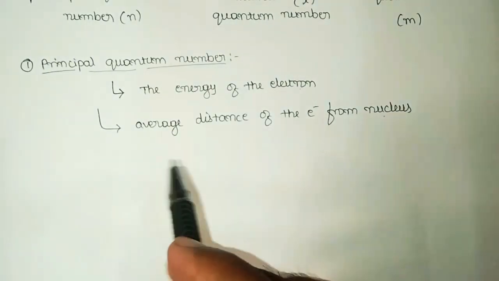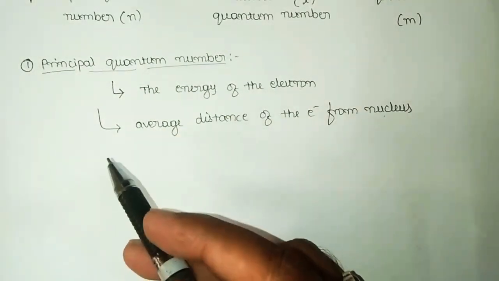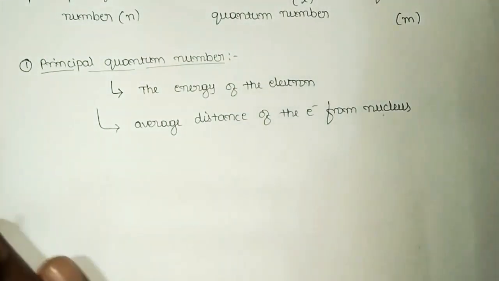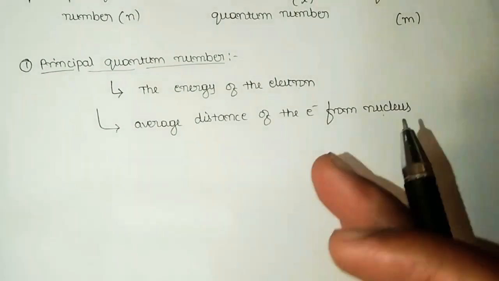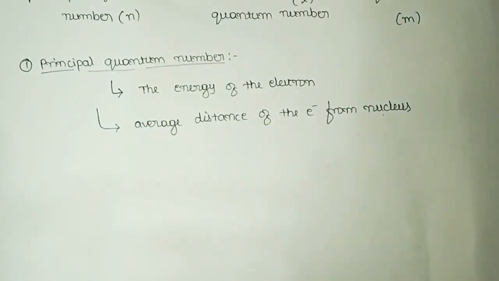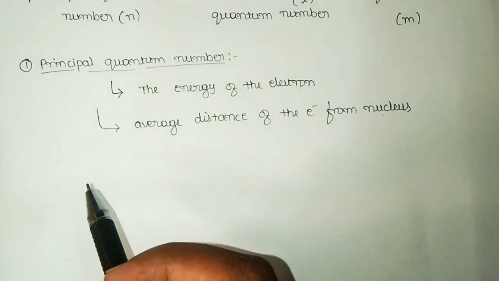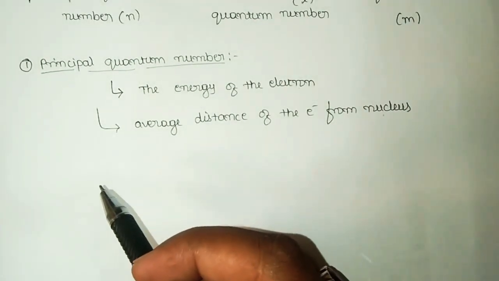If the principal quantum number value of the electron goes on increasing, that indicates the electron is moving farther away from the nucleus. Higher the value of the principal quantum number, the more distance the electron is from the nucleus. And with an increase in the principal quantum number value, the energy of the electron also increases.